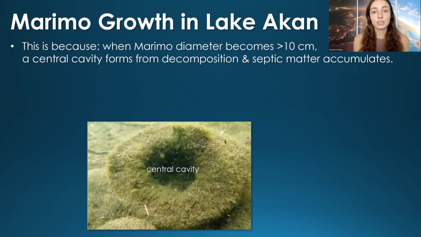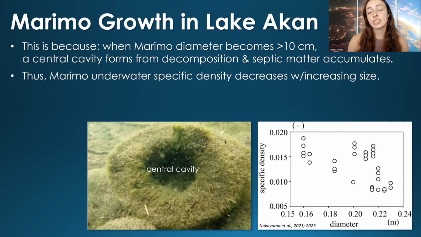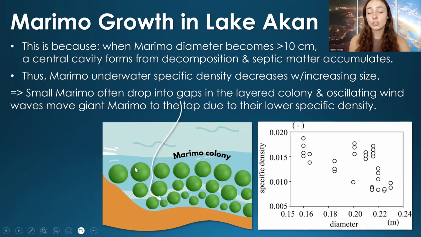As the decomposition occurs, it's recycling nutrients for the moss ball itself as water is exchanged throughout the system. But it's also creating a central cavity, which leads to the specific density of the larger, over 10 centimeter moss balls to decrease, causing larger Marimo on top in a kind of colony scenario instead of smaller ones being on top.